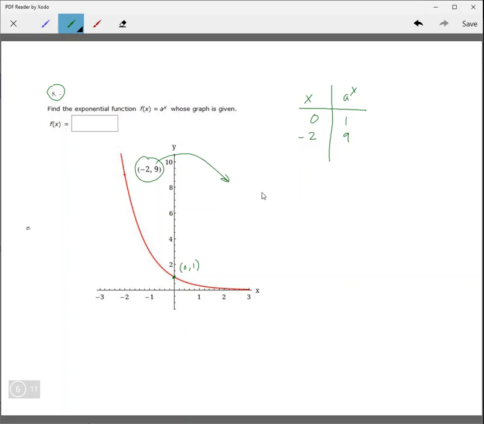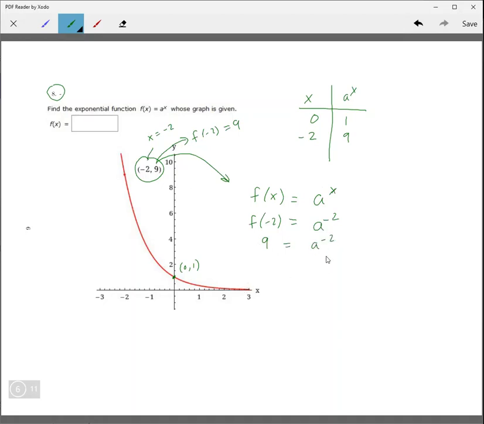So at this point, we know that a to the negative 2 equals 9. Or maybe I'll do it this way. We have f of x equals a to the x, where x is negative 2. This part right here is telling you that f of negative 2 is 9. So a to the negative 2 is 9.